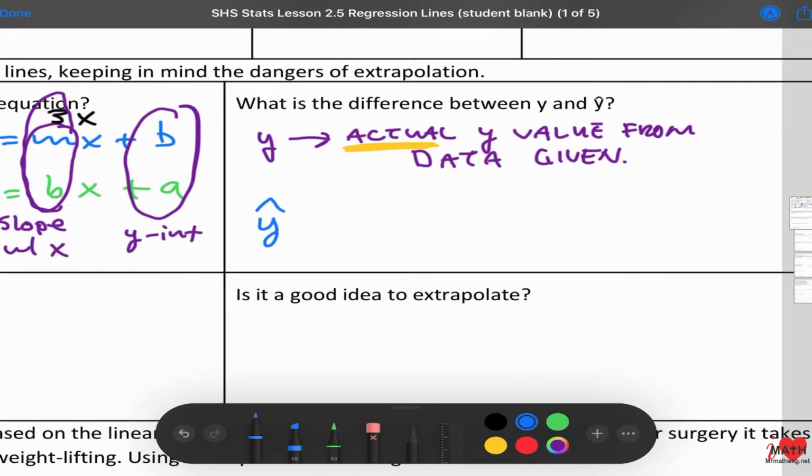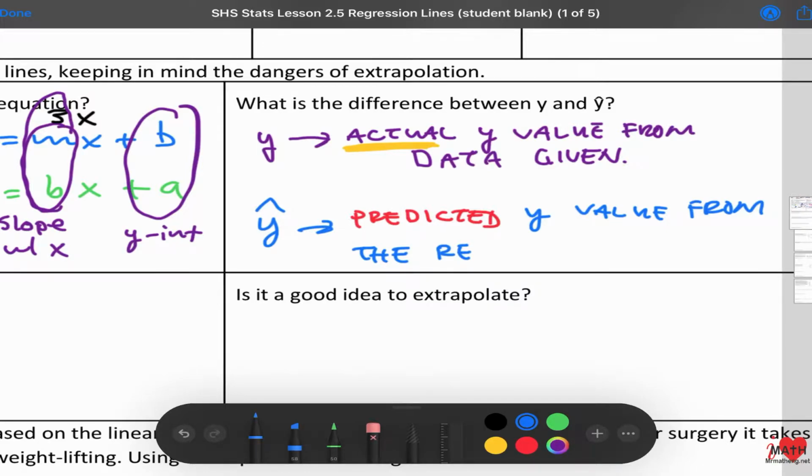Y hat is the predicted y value from the regression line equation. There it is. Okay.